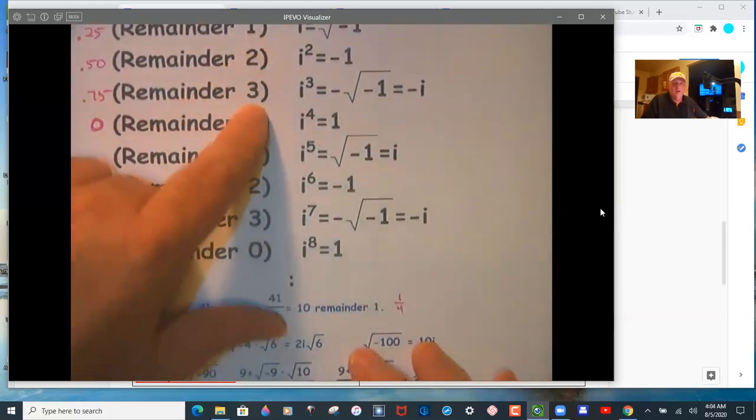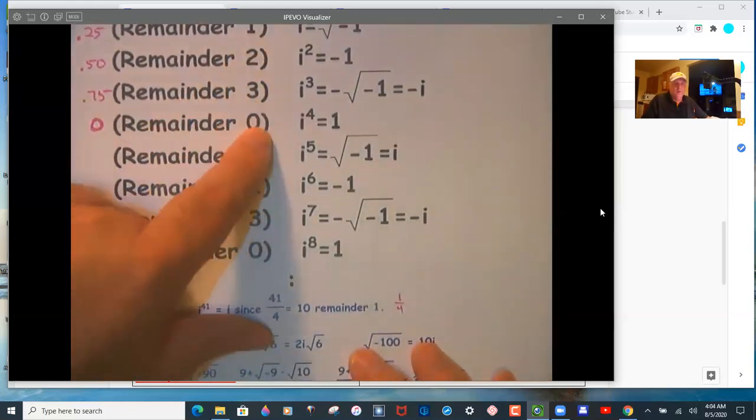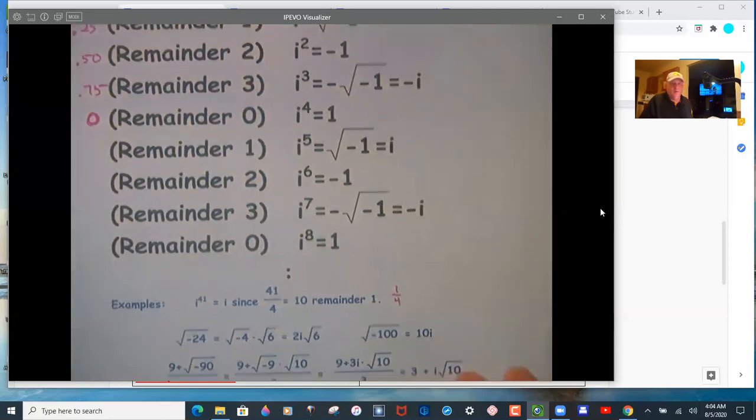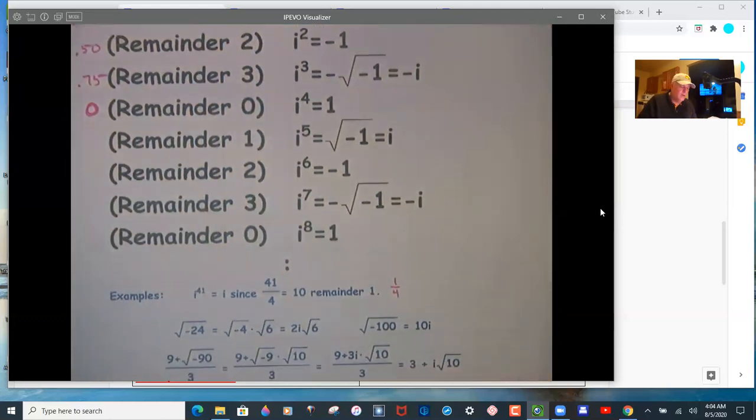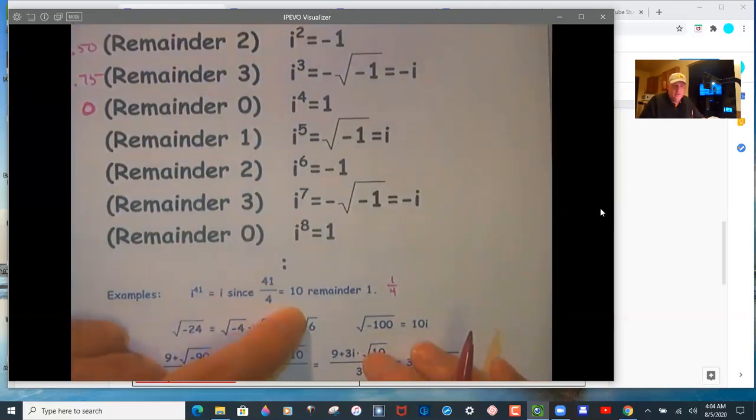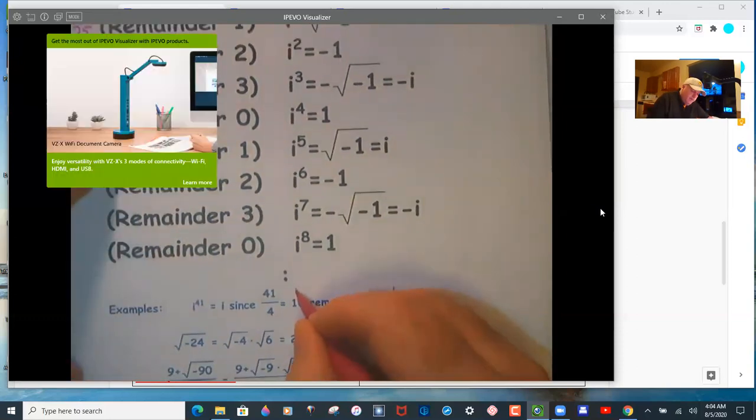Remainder 2 is 2/4, remainder 3 is 3/4, and then 4/4 would be no remainder. A little bit confusing, but as you take this division on your calculator, you would get 10.25.